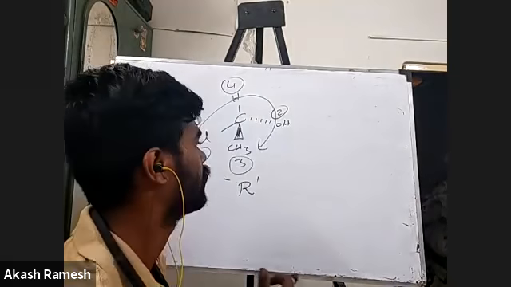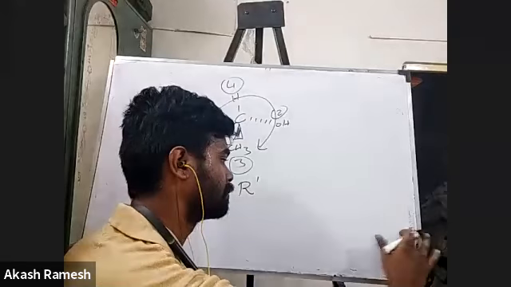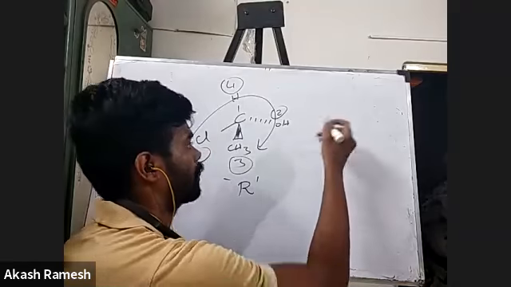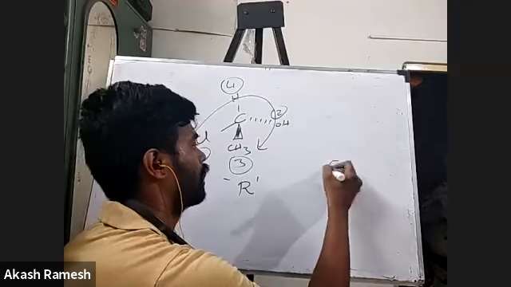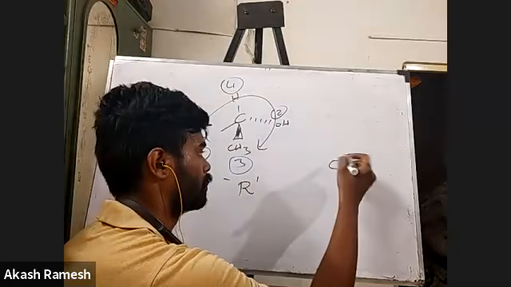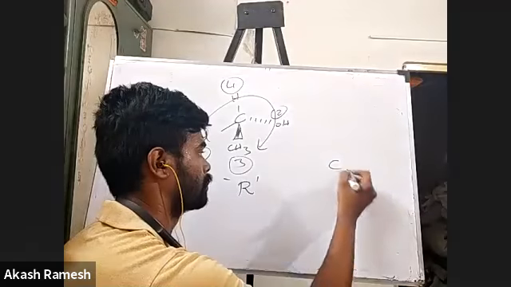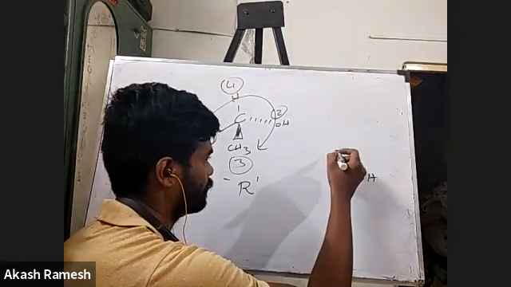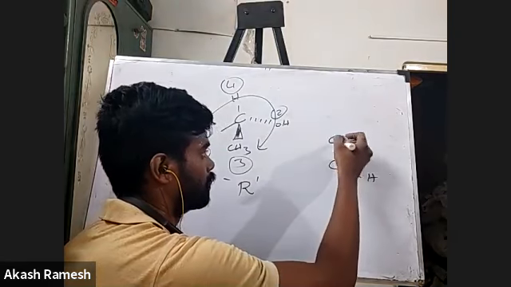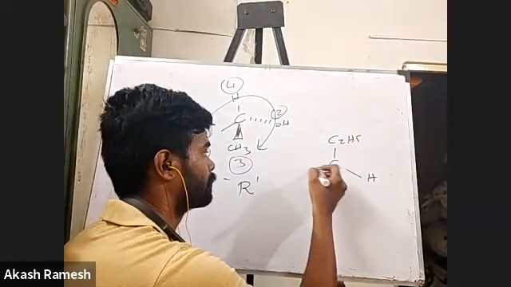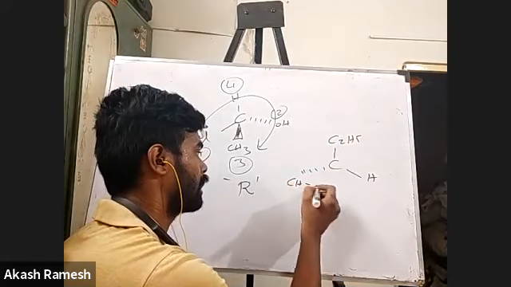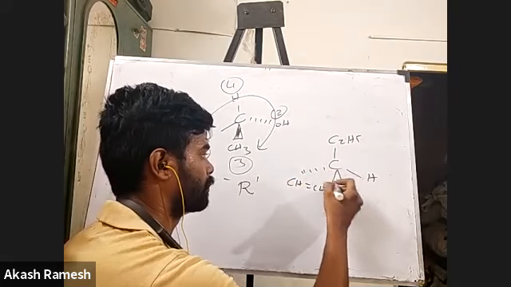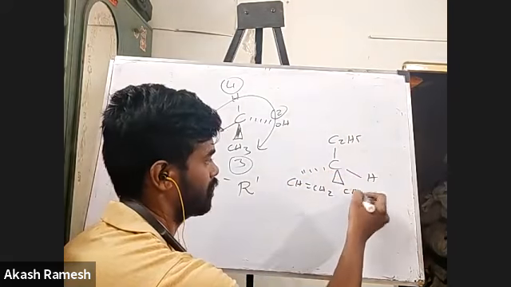Say I have carbon, hydrogen. Say I have C2H5, CH double bond CH2, and say I have a CH3.